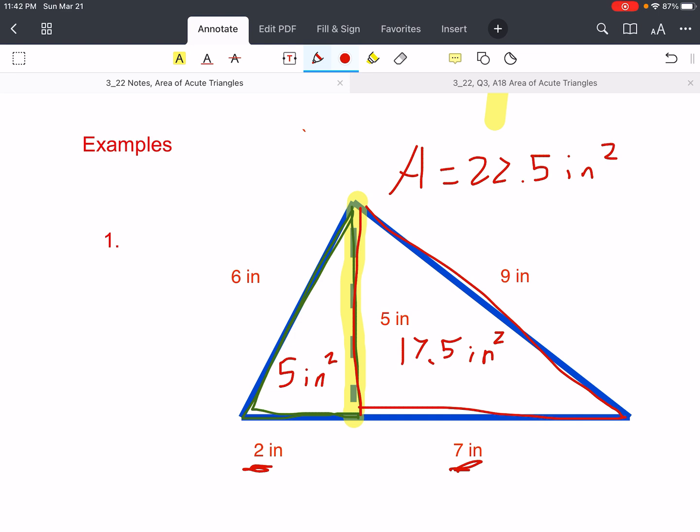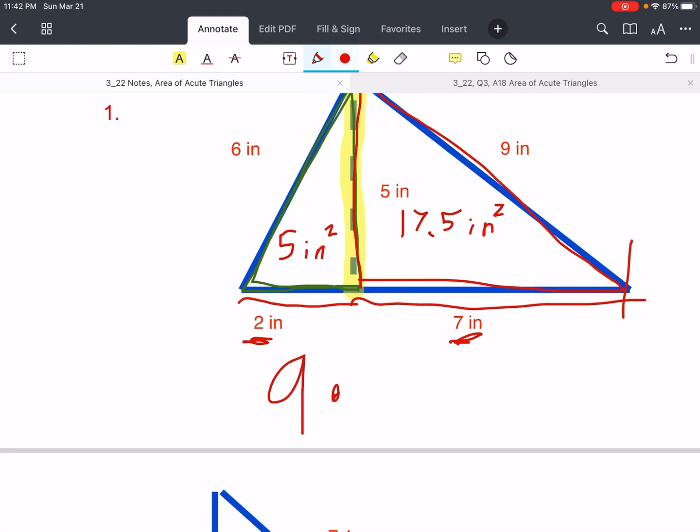The other method, which is going to be much easier, which is why I'm only going to make you do the tough version a couple times, is we can just focus on the fact that we know the height is 5 inches, and the base is going to be the sum of 2 inches and 7 inches. So we can add up the two bases to equal the one long base, and we can do 9 times 5 divided by 2, which of course 9 times 5 is 45, divided by 2 is 22.5 inches squared.